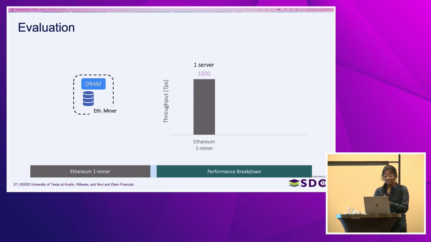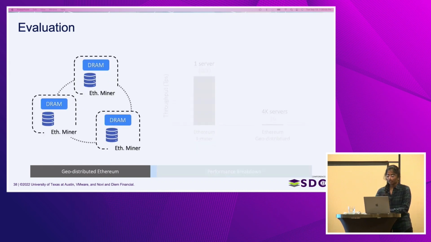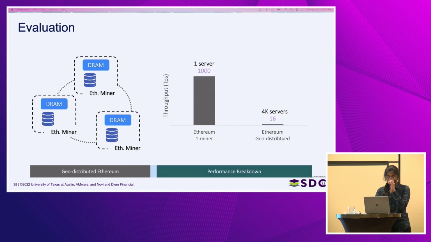This is the best case scenario for Ethereum, and we compare RainBlock against this baseline. Note that the publicly available number for the transaction throughput of geo-distributed Ethereum shows that it can process about 16 transactions per second despite using more than 4,000 servers.